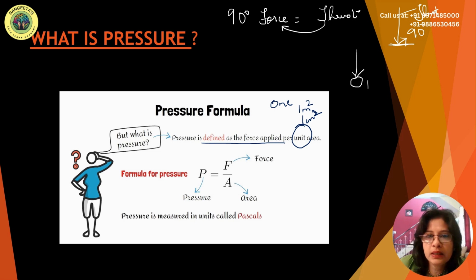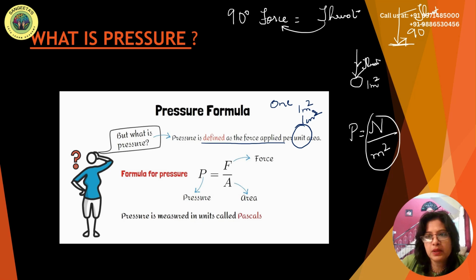So in 1 meter square of area, how much thrust is applied, that is known as pressure. So pressure is equal to force; force is measured in Newton and area in meter square. So pressure is Newton by meter square, right? Newton by meter square is known as Pascal. So the pressure unit is Pascal.